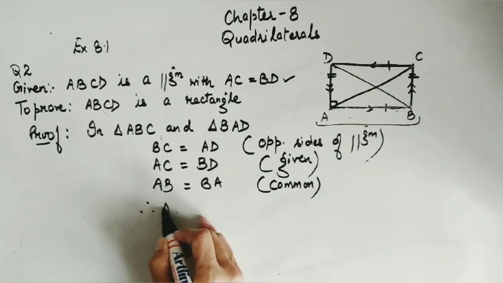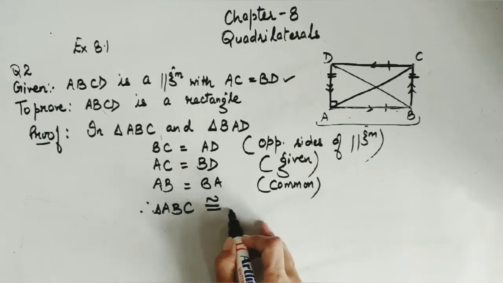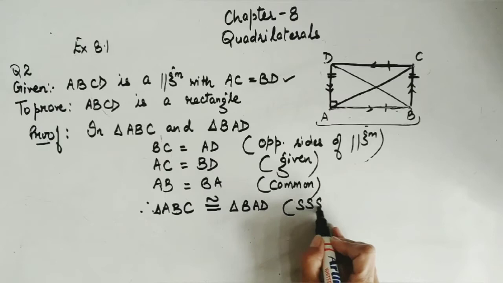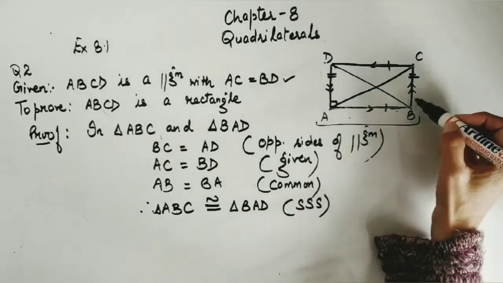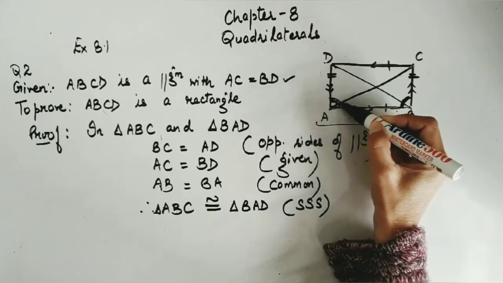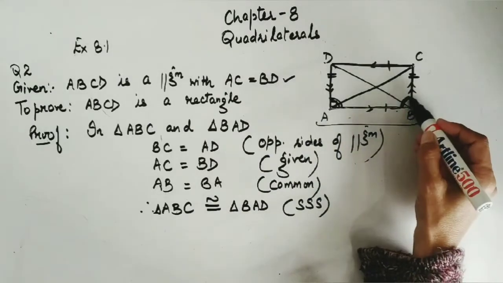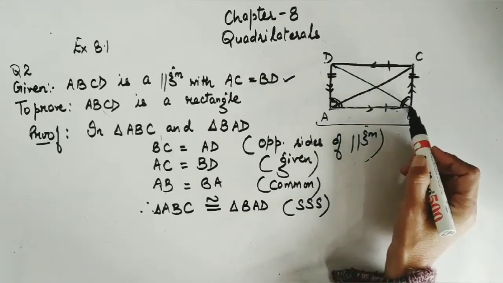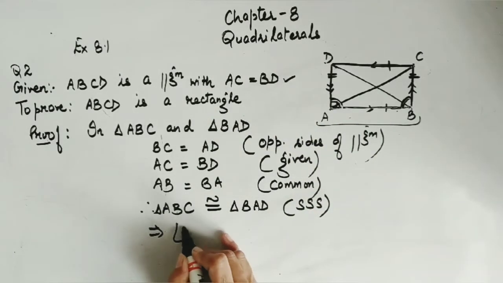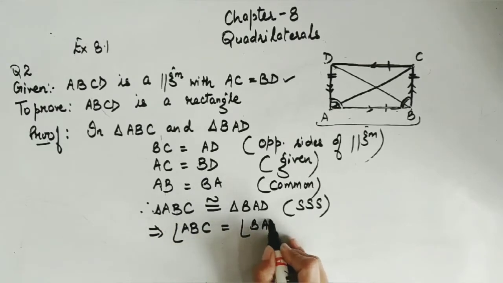So triangle ABC is congruent to triangle BAD by triple S rule. And if triangles are congruent, that means angle B must be equal to angle A, because in ABC we have angle B. In triangle BAD we have angle A. This implies angle ABC is equal to angle BAD.